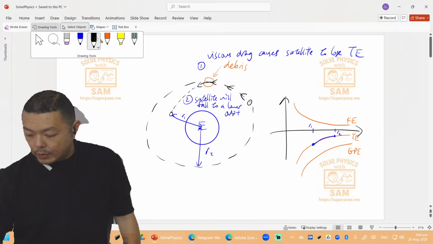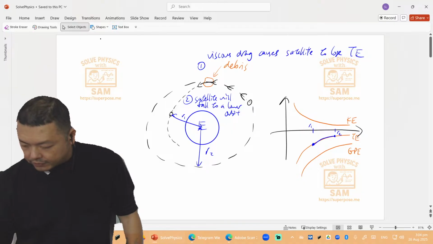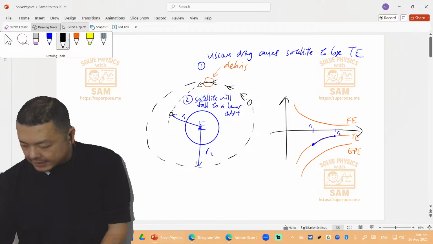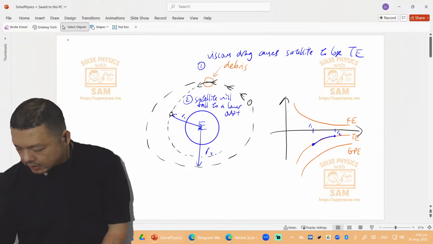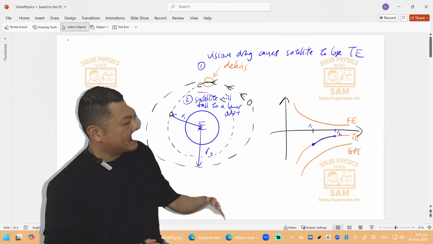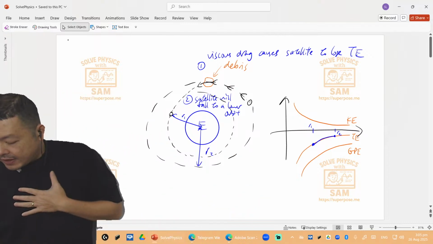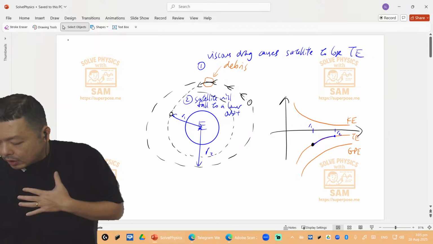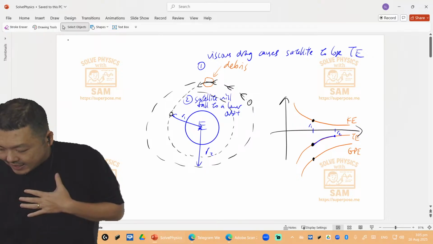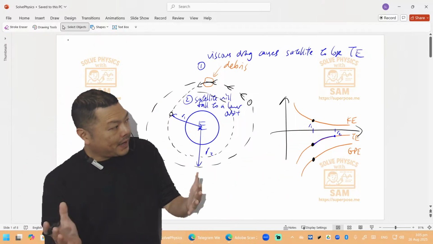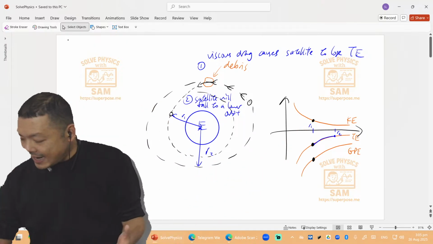Then the satellite will continue to orbit, but at a lower orbit. So now it's a smaller orbit. The irony is that at the lower total energy orbit, if you check the respective KE and GPE, the KE actually increased.